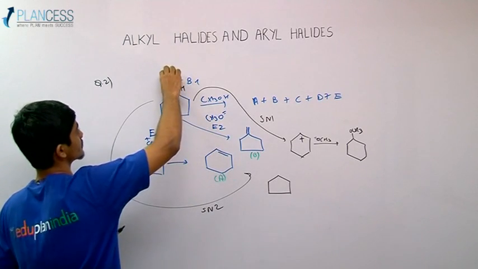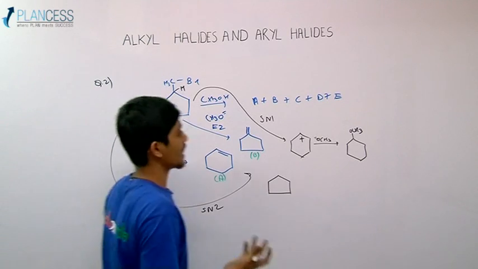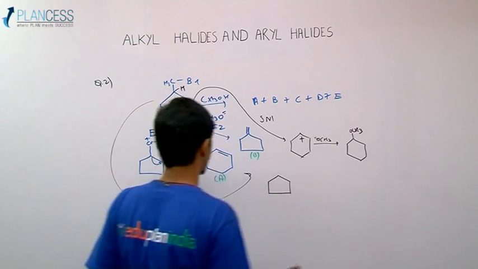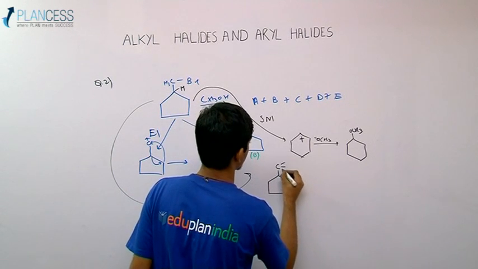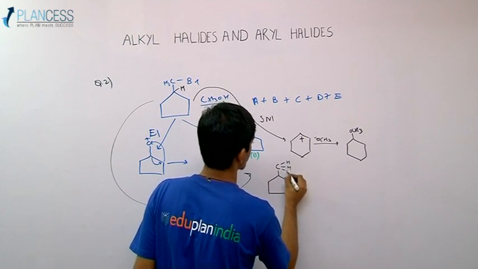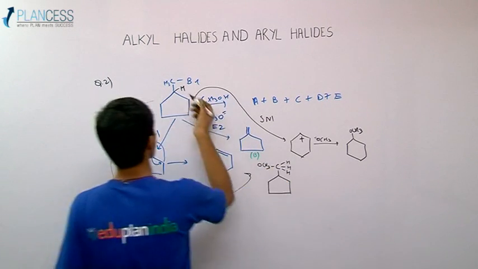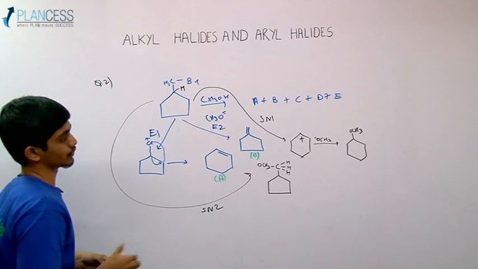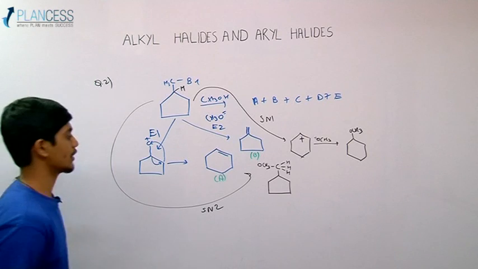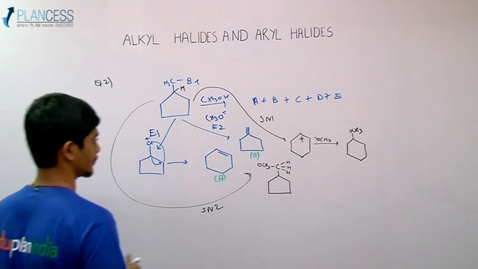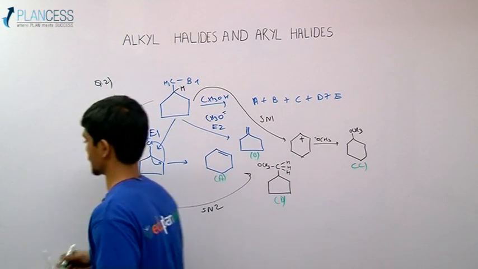That is, this CH3 will be on this side, but still that does not change any R or S nomenclature because that carbon is not chiral. So we get C, we get 3 hydrogens this way, and we get an OCH3. No need to mention Br is a leaving group, OCH3 is a nucleophile. Fine, so what we have here is 1, 2, 3, 4 compounds. Let this be our C, and this let it be our D.